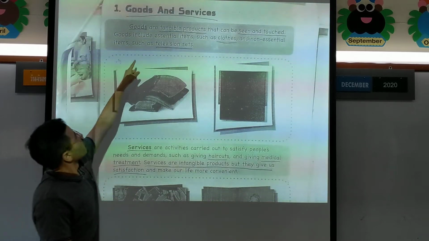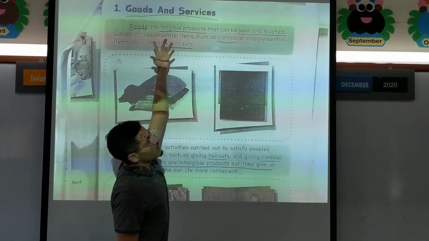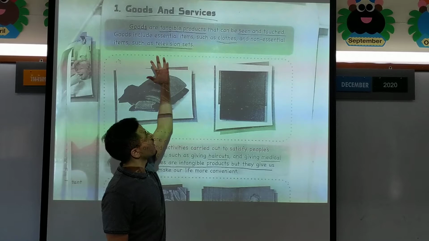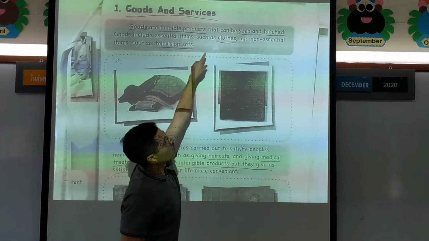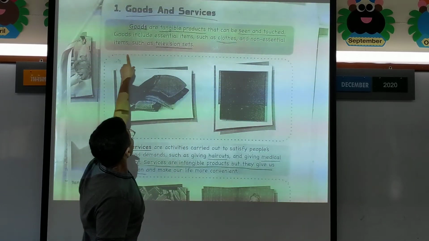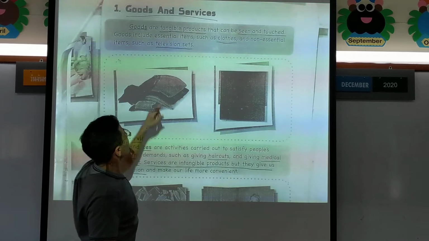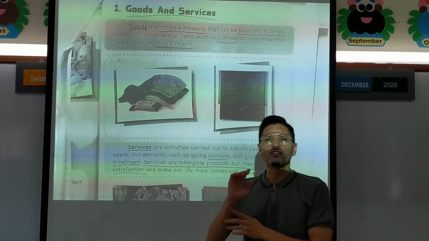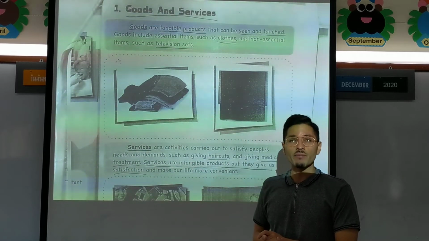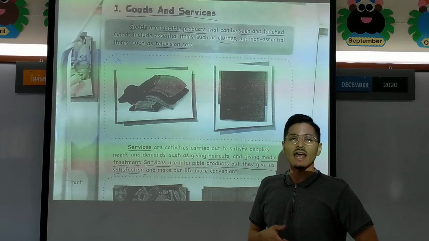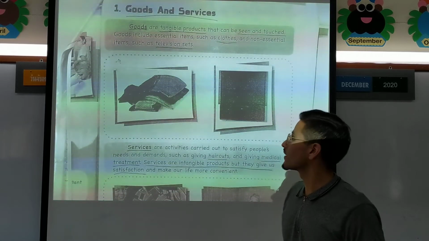So remember, goods are tangible, things we can touch, like clothes, your TV, your desk, your pencil, your paper, your backpack. Anything you can touch is a goods.